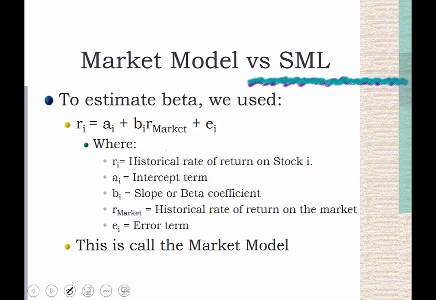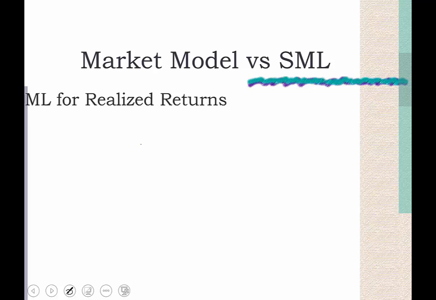So to estimate beta, we actually didn't use the equation that I gave you. We used what's called the market model, which is just the return on the security, some intercept that you estimate, and the return on the market, and you estimate the beta from that. It's called the market model. It's a pretty good estimate.